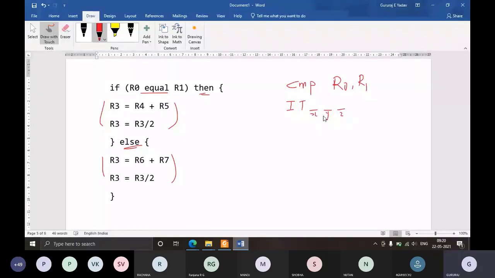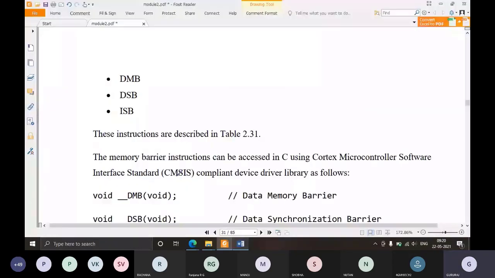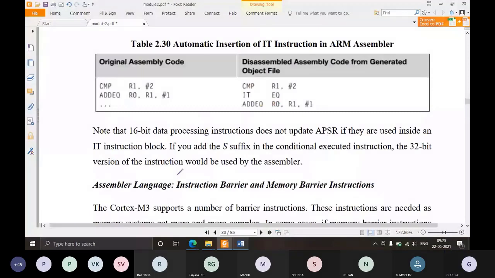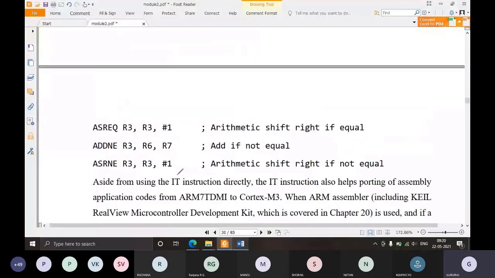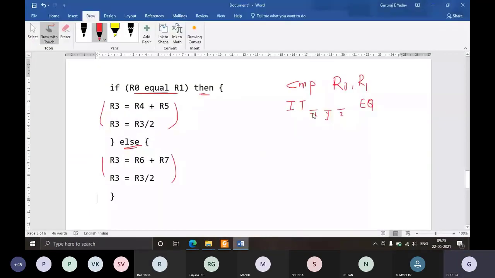R0 is equal to R1, so the condition is EQ. So IT X, Y, Z, EQ. The condition is EQ because we are checking whether R0 is equal to R1.